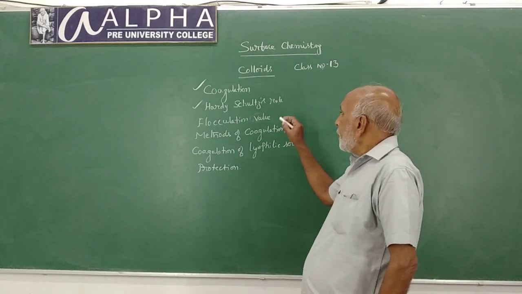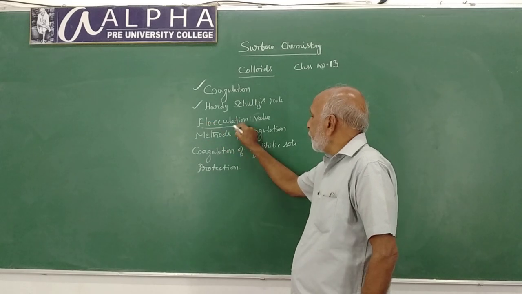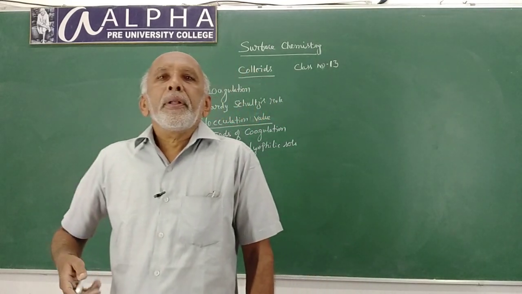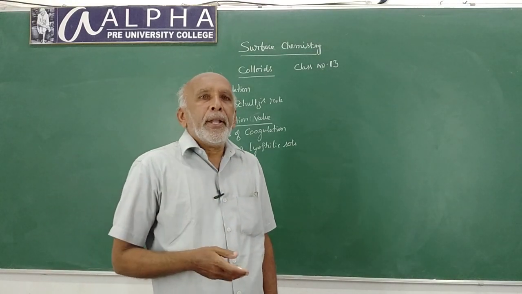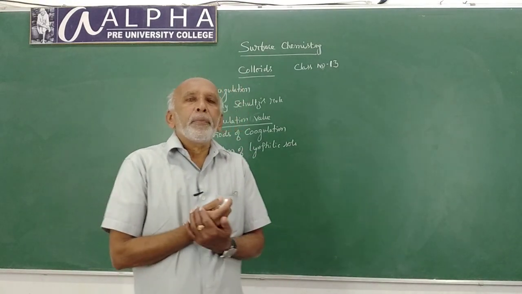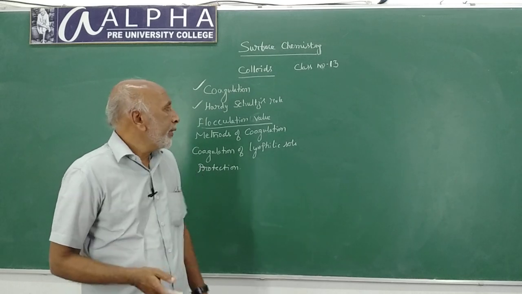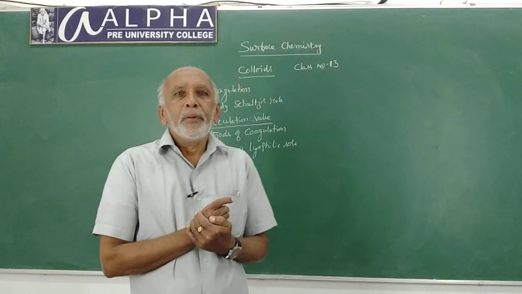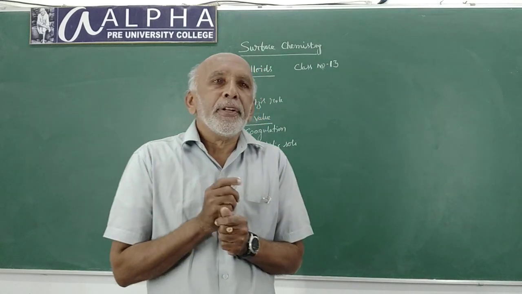Now, let us see this flocculation value. Generally, the coagulating power of an electrolyte or ion is expressed in terms of flocculation value. What is this flocculation value?